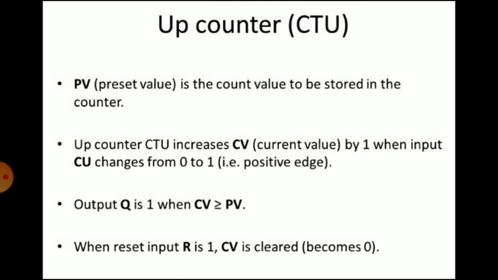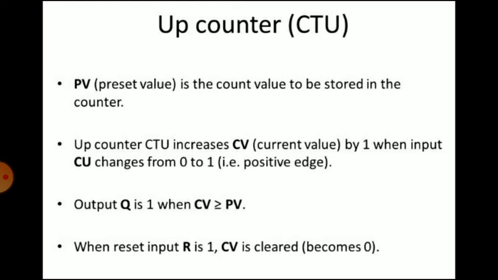So the up counter. In an up counter, the different parameters used are CU, R, PV, Q, CV. CU is a BOOL type input, the up count pulse input. R is the reset input, and PV is the preset value, the count value to be stored in the counter. Output Q is the up count output, and CV is the current value. The up counter CTU increases CV by 1 when input changes from 0 to 1, that is a positive edge.